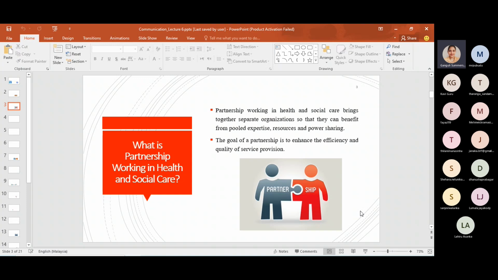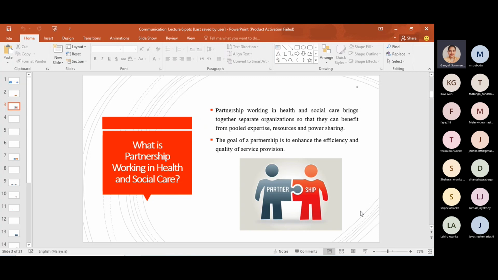So when you do partnership working, you get the chance to mingle with all those things. You get exposed to different missions, visions, values, attitudes, and different kinds of people. That is the advantage. You also get the chance to share things.